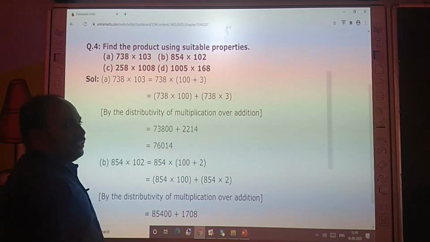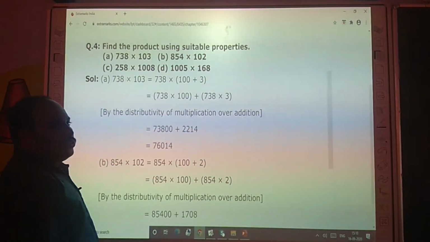We add the first and second term. Our answer is 76,014.